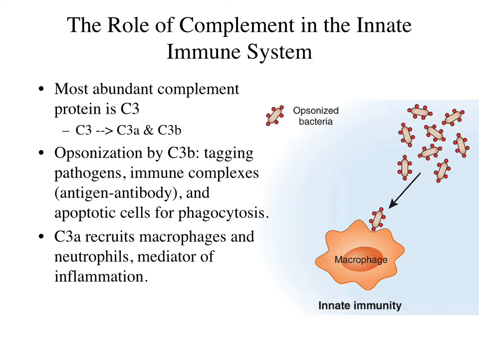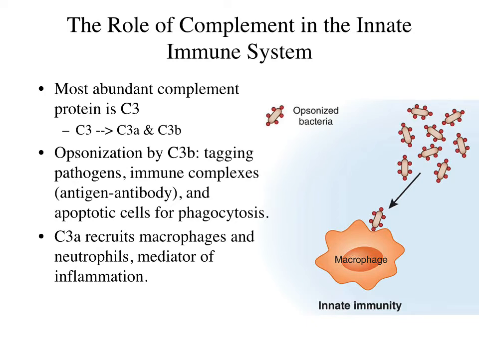C3 molecules are constantly being broken down into two smaller proteins spontaneously. One product is C3b, which can bind to chemical groups commonly found on the surfaces of viruses.